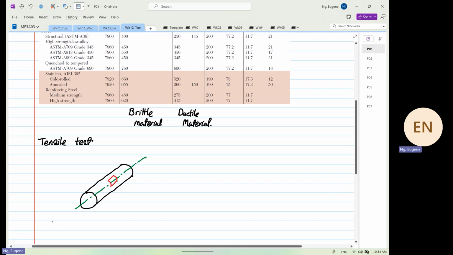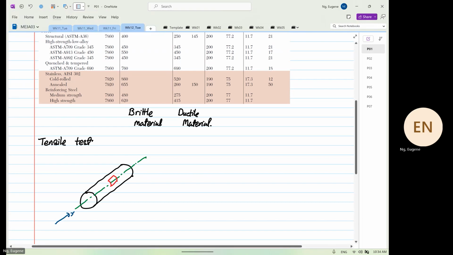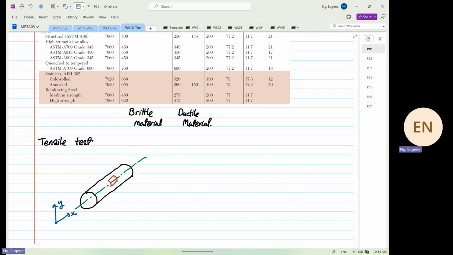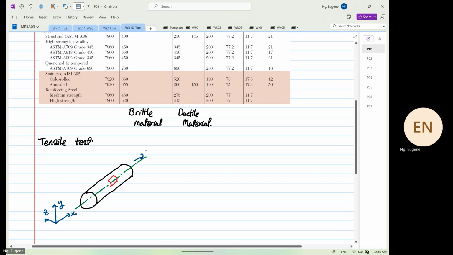So we know that this direction I call our X, our Y, and this direction is our Z. And this structure over here, as the word says, is under tensile test.